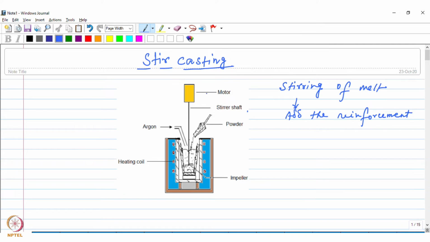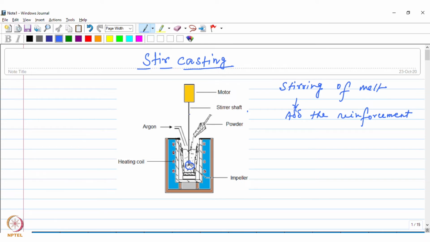This is a schematic of the process. The metal is melted inside a furnace, and once it is melted, a mechanical impeller is dipped into the liquid metal, as you can see from here. This is the impeller, and these are the impeller blades, and it is connected to a shaft which goes into a motor.